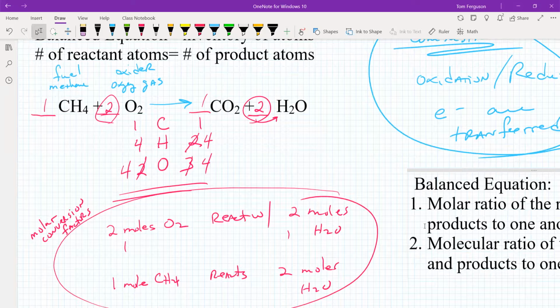So I could say 2 molecules of oxygen react with 2 molecules of water, or one molecule of methane reacts with 2 molecules of water. So it's both a molar and a molecular ratio.